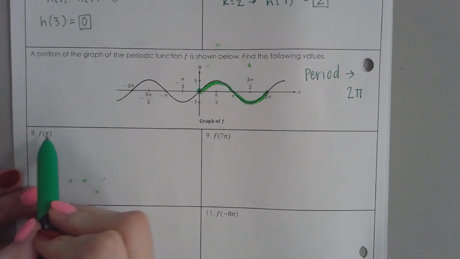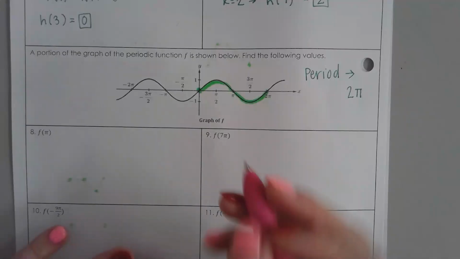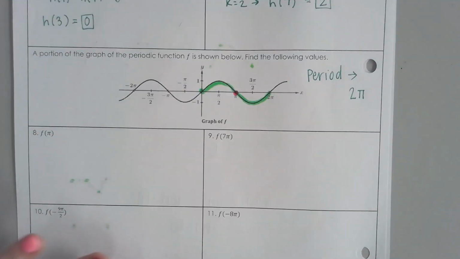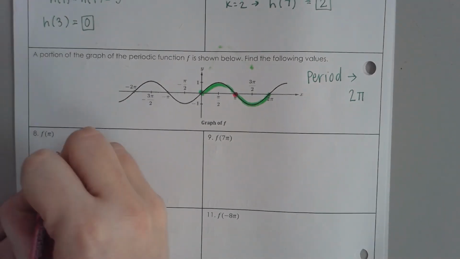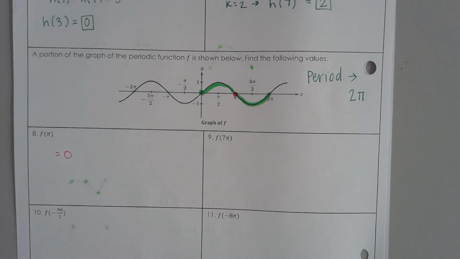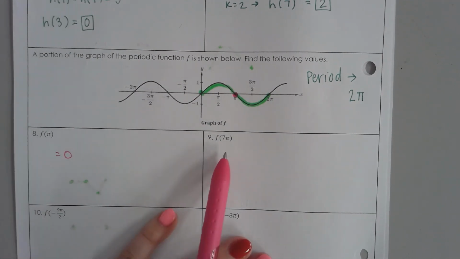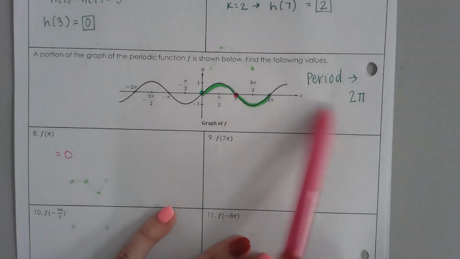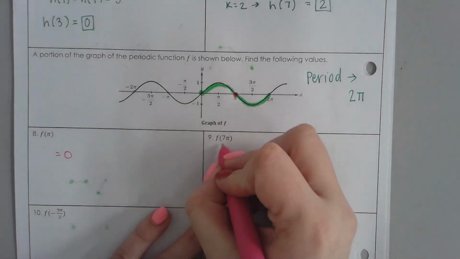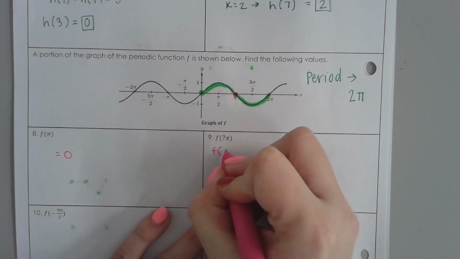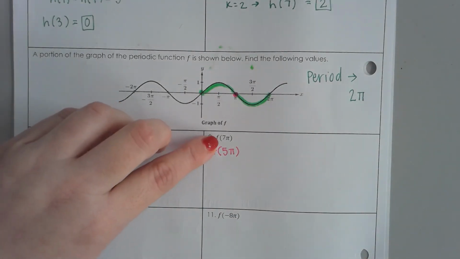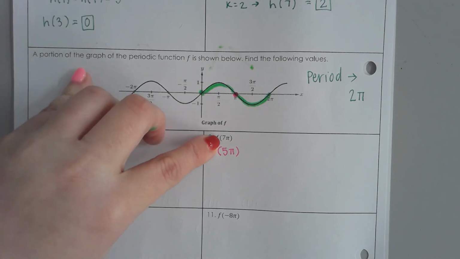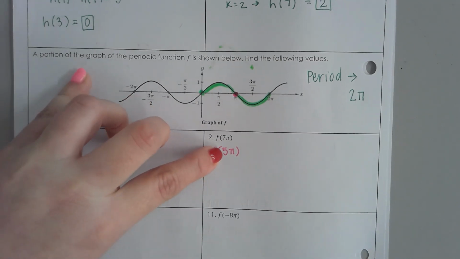So number 8 says f of pi. Here's pi. That's on the graph. What's the y value there? 0. F of 7 pi is not on my graph, but I know that 7 pi is the same thing as 5 pi, because if I have 7x and I subtract 2x, I have 5x.